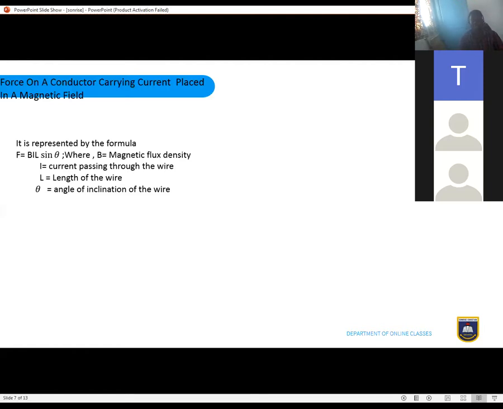So if you have a solenoid and you want to calculate the force around that conductor carrying the current, the force is given by BIL sine theta, where B represents the magnetic flux density, I the current passing through the wire, L the length of the wire, and theta the angle of inclination of the wire, or the angle between the magnetic flux density and the current.